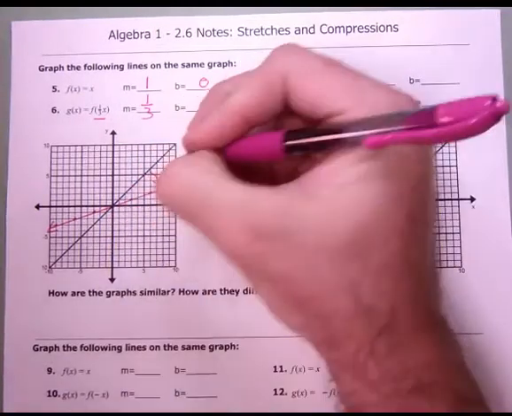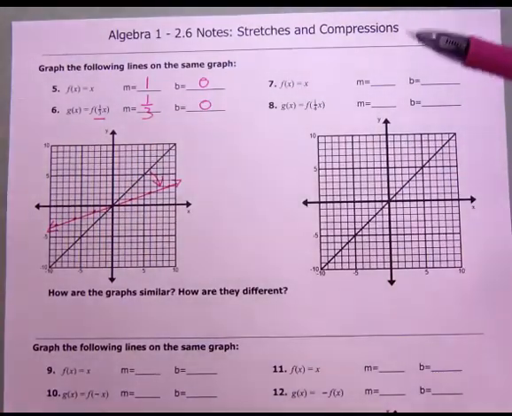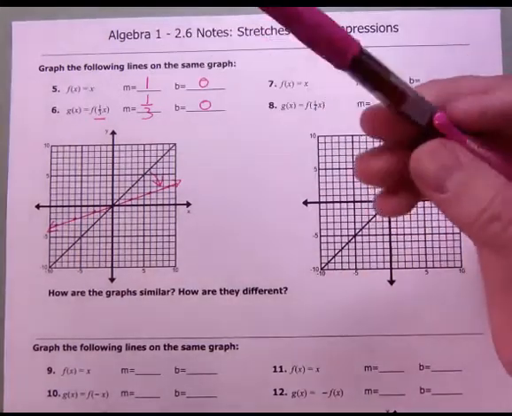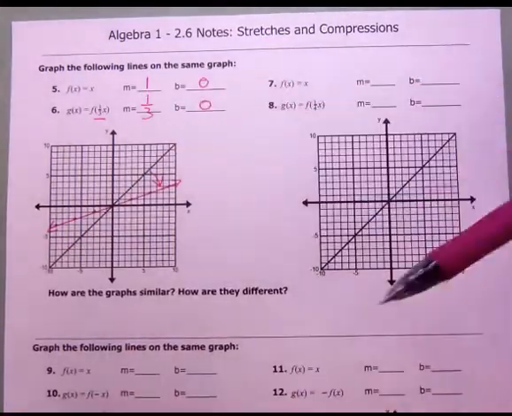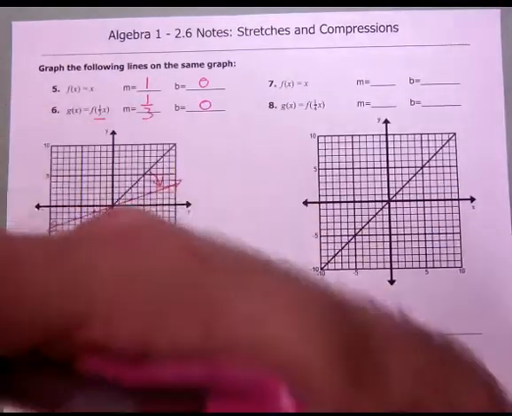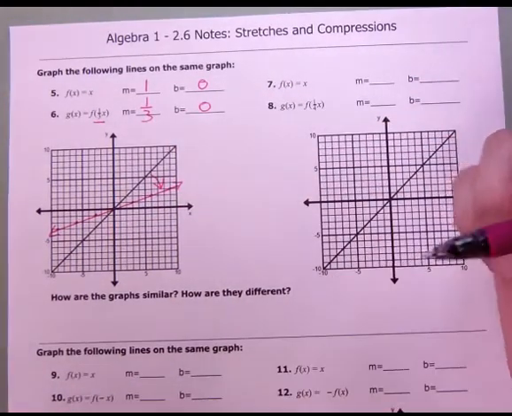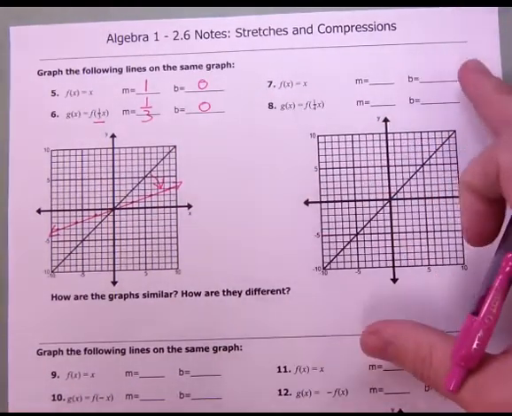And clearly it was moved downward, so it's going to be less steep. You multiply by 1/3, which is getting closer to 0. A perfect horizontal line has a 0 slope. So the closer your number gets to 0, the less steep or flatter it will get.